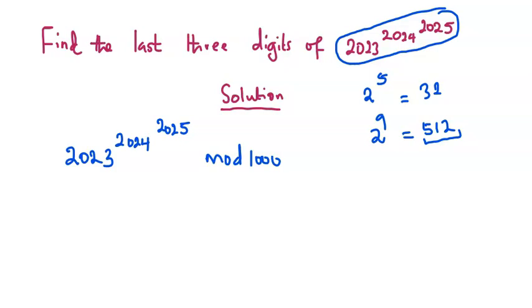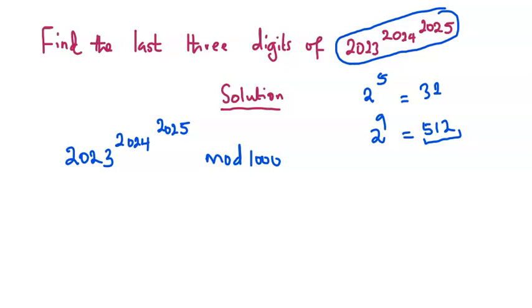Assuming the question were what is the last digit of this number, then we're going to make our modulo 10, right? Or if it is the last two digits, that would be 100. But in this case, we are asked for the last three digits, so we're going to make the modulo 1000.